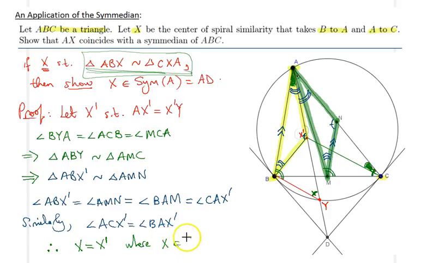X is on the Symmedian line, X and X prime obviously. So therefore we are actually done. We just proved the statement that AX coincides with the Symmedian line if X is that special point, that center of spiral similarity.